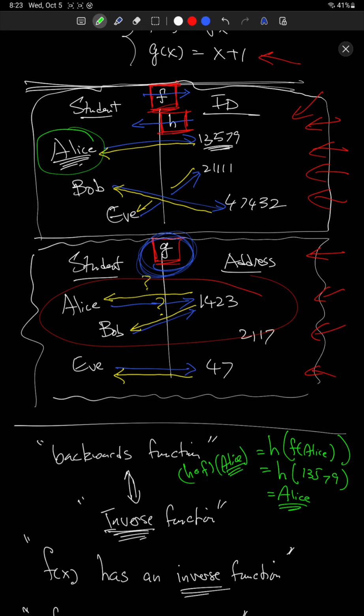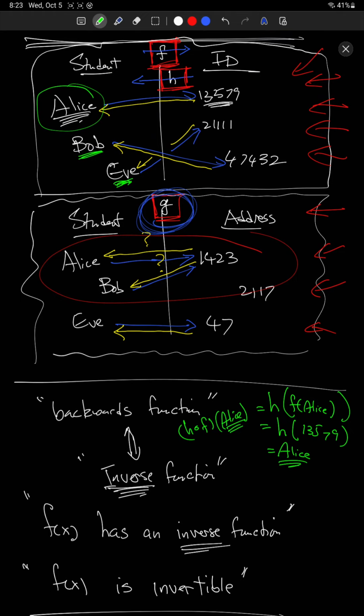Because in essence, we're following the blue arrow first, and then following the yellow arrow right afterwards. So if I go blue to here, and then yellow back, I'm just going to end up back at Bob. Eve, I go blue to 21111, and then yellow back to Eve. Okay, so that means that the composite function always ends up outputting the same thing as what you inputted. All right, so that's the first point.